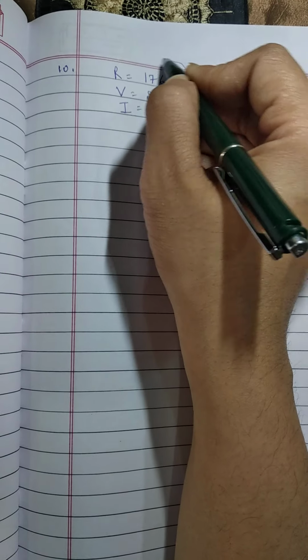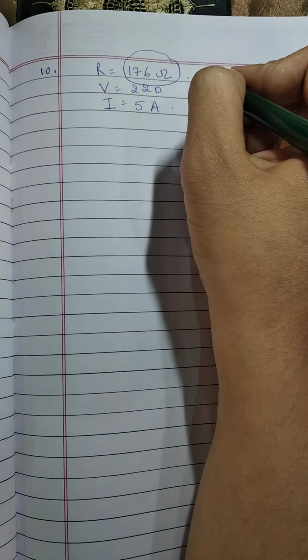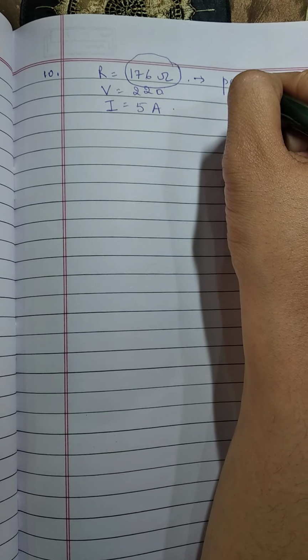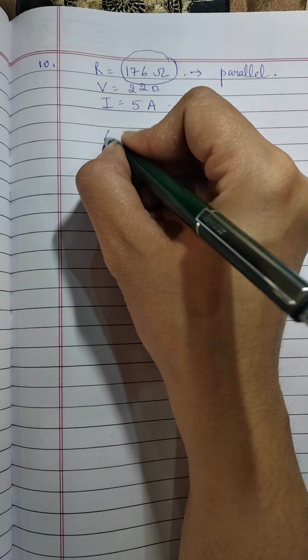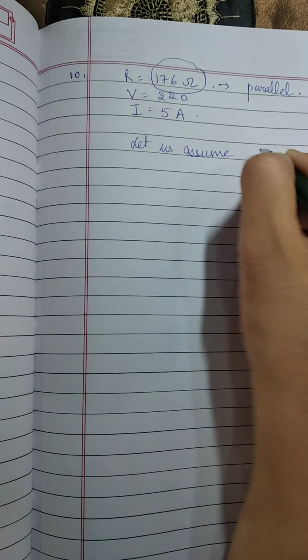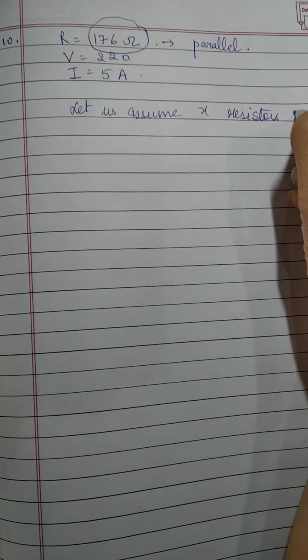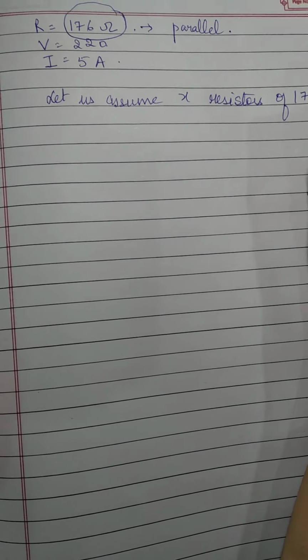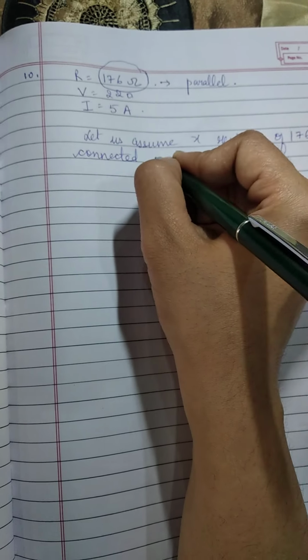Now it is asked that how many 176 ohm resistors are to be connected in parallel. So let us say X resistors of 176 ohm are connected in parallel.